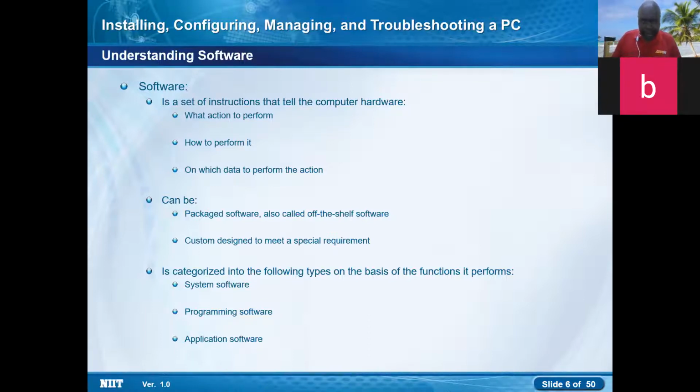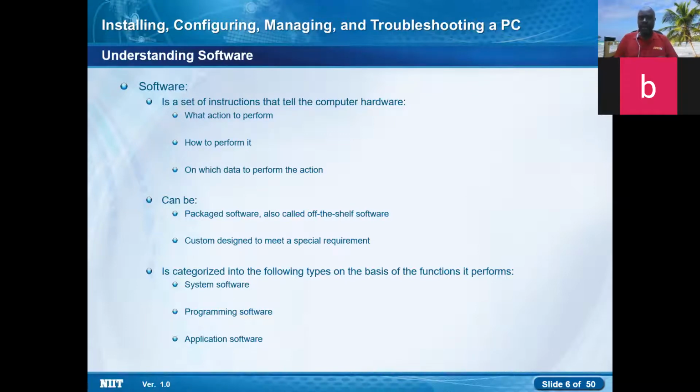Okay. So we talked about these two components that make up a computer system: the physical or the machinery or the mechanical component, which we call hardware, and the instructions that control the physical part, that is the software.